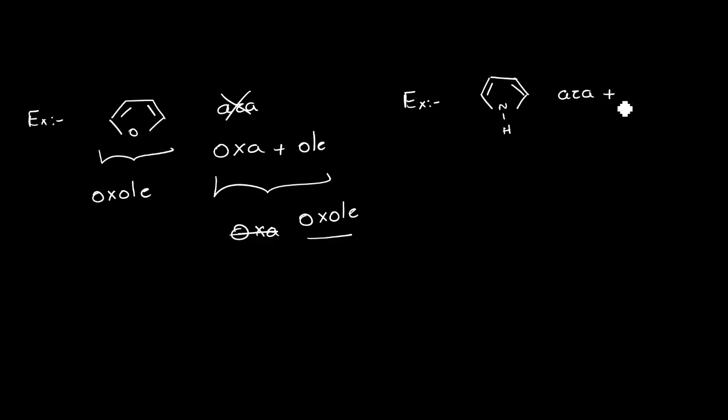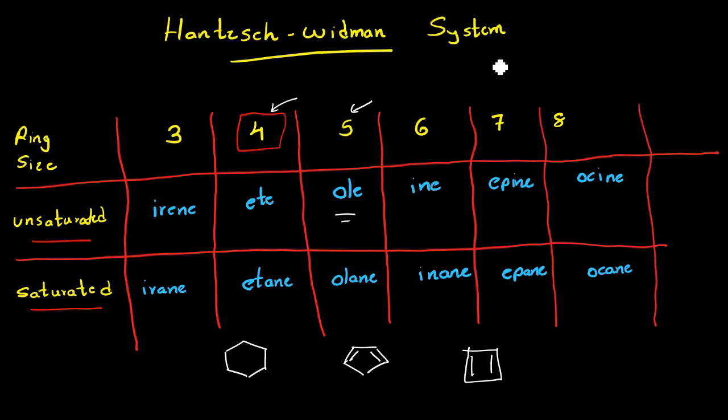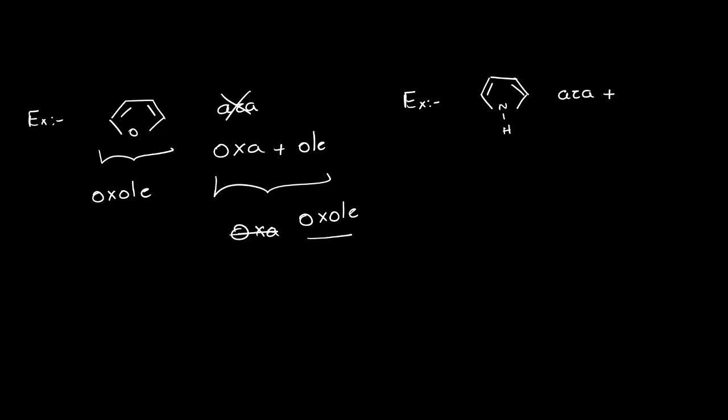Now we need to join this AZA word, the nitrogen atom, with the word for the cyclic compound. Here we have a 1, 2, 3, 4, 5-membered ring and our ring is unsaturated, which means the word is OLE. When we combine these two, we have azole. This is the name for this particular compound.